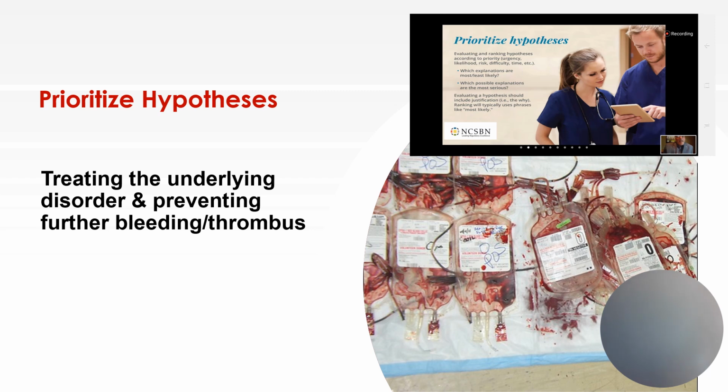So then we need to prioritize our hypotheses. What is going to be most important for us to take care of in these clients? Well, in order to take care of the DIC, we need to treat the underlying disorder, but we also want to prevent further bleeding and thrombi from forming.